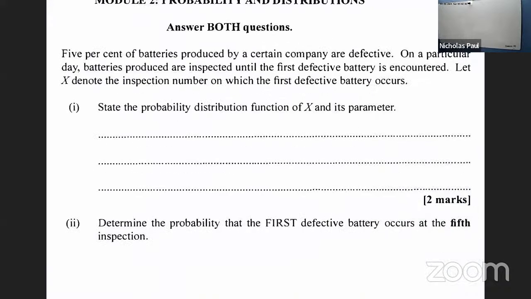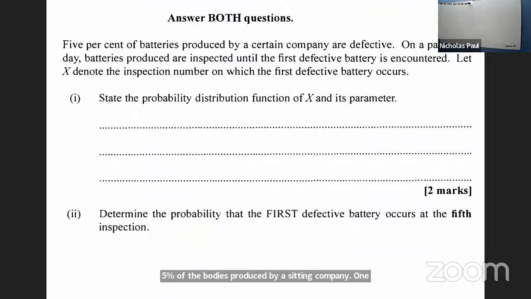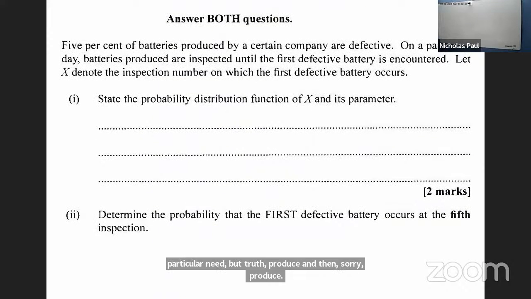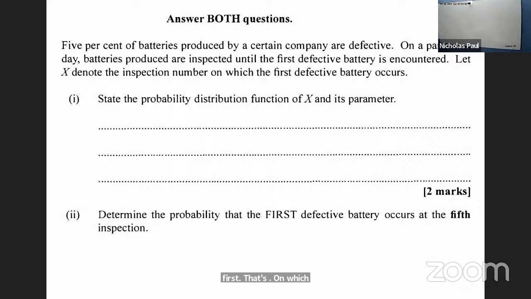5% of batteries produced by a certain company are defective. On a particular day, batteries are produced and inspected until the first defective battery is encountered. That's geometric, right? Then X denotes the inspection number on which the first defective battery occurs. So X follows a geometric distribution.